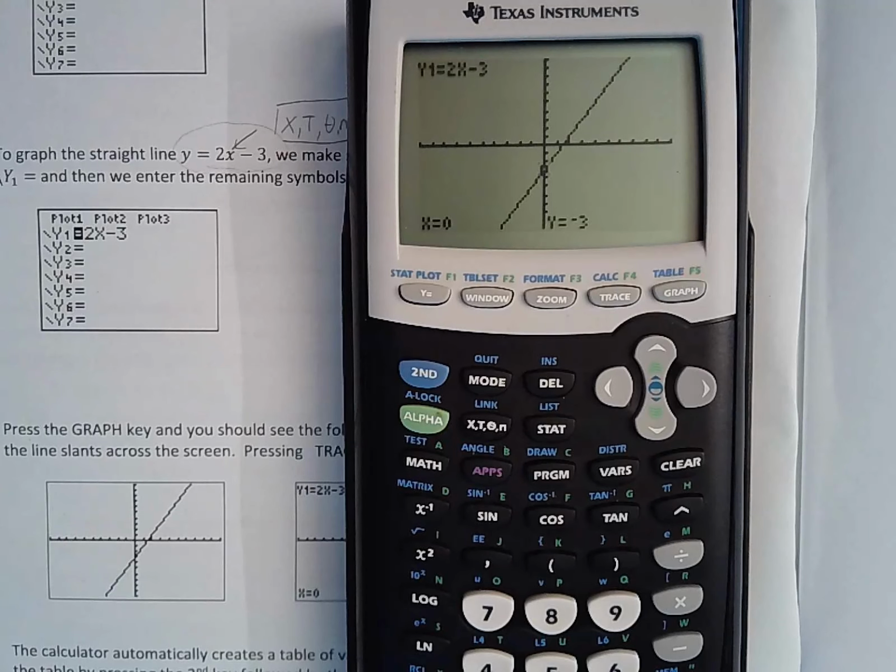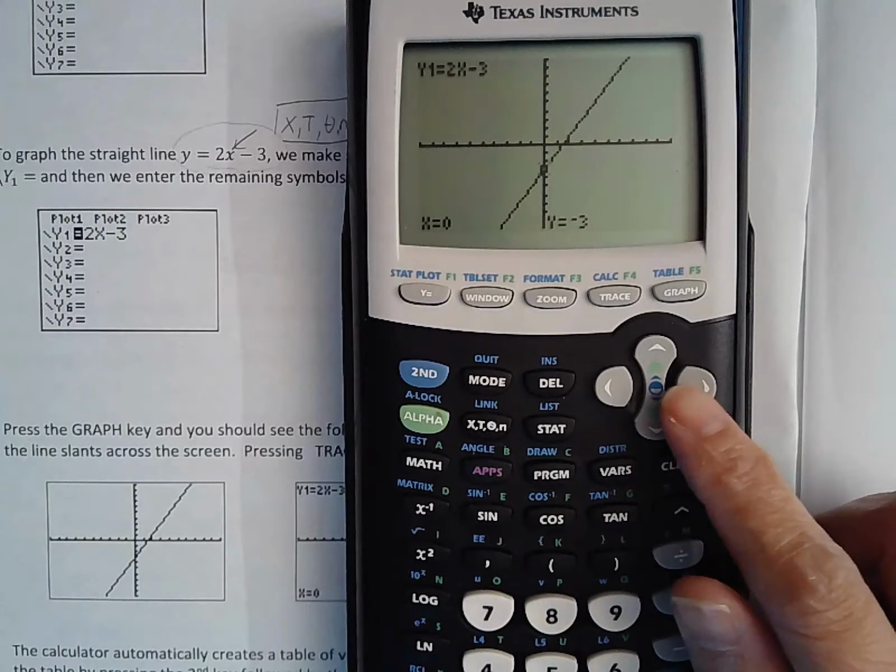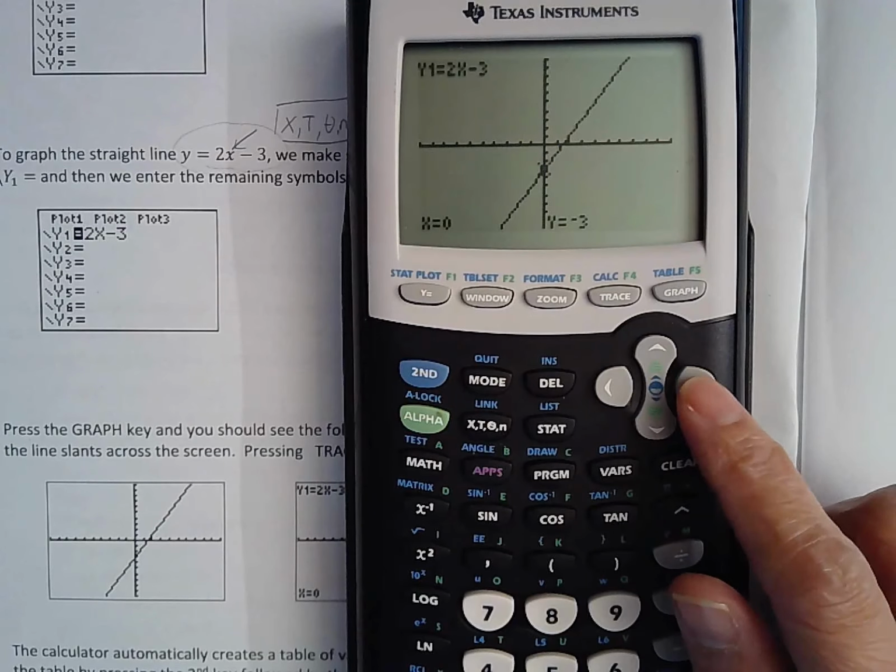Everyone's there? Okay, don't touch anything on your screen. I want you to just focus on the screen that I have over here. What I'm going to do is press the arrow key left and right. Don't do that yet. I want you to just take a look.